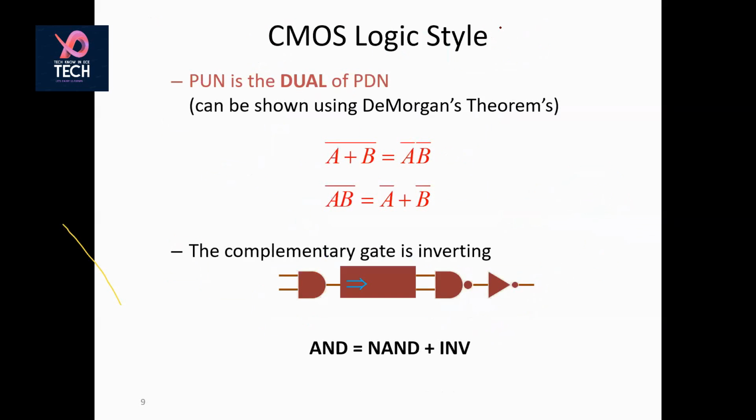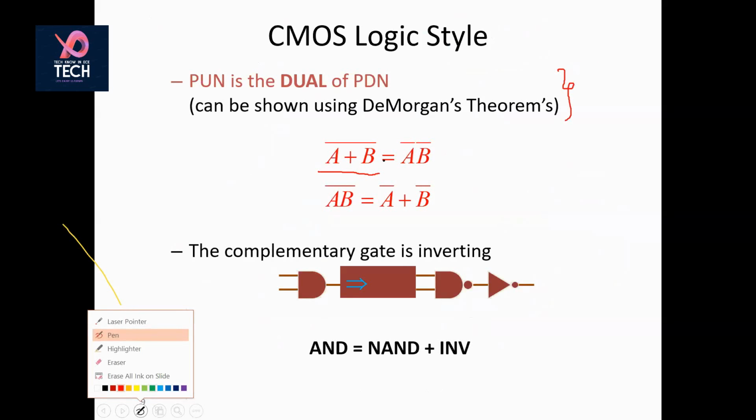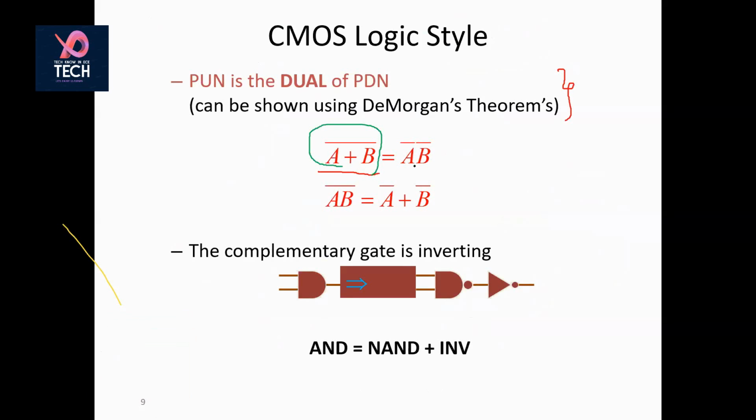Now coming to the next slide. The important thing is that your pull-up network is the dual of the PDN. Suppose your pull-up network is giving you (A plus B) whole bar. Using De Morgan's theorem, it is reduced to A bar dot B bar.